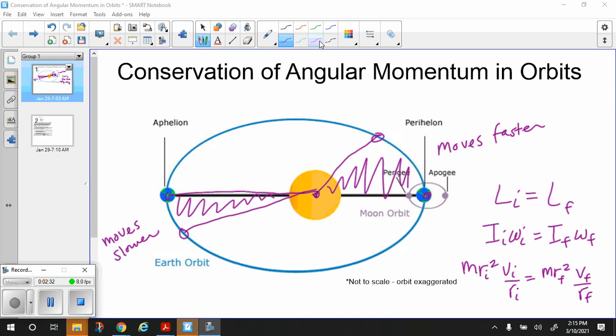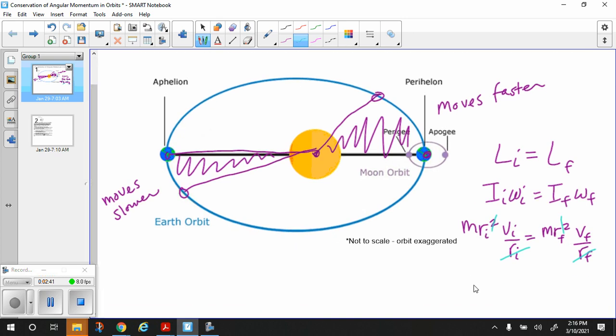So we can see that one of our radiuses cancels, and we're left with mass times r initial times velocity initial equals mass times r final times velocity final, and mass cancels. So we're left with r initial times velocity initial equals r final times velocity final.